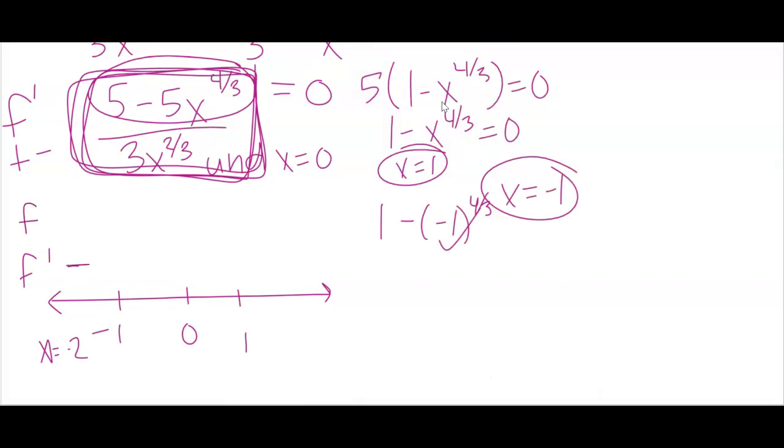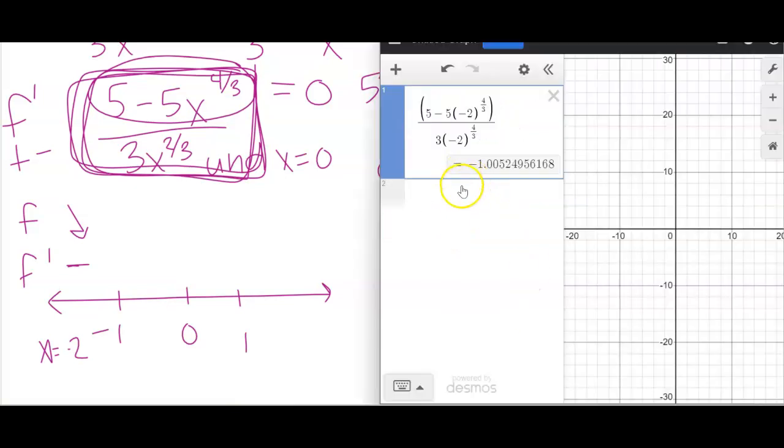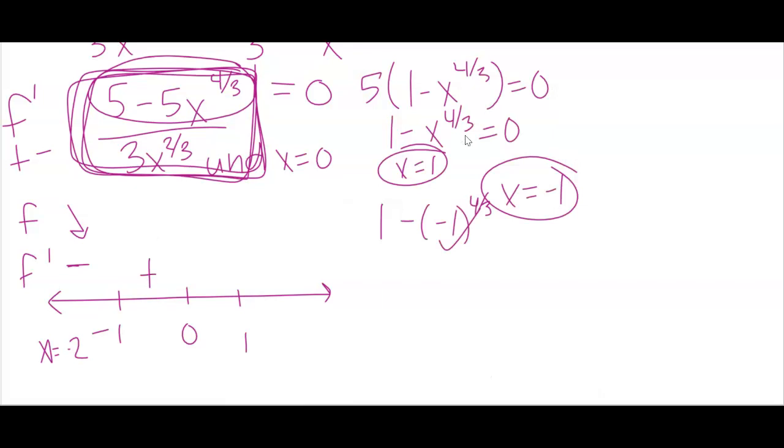So that tells me that f must be decreasing, right? All right, now let's plug in something between -1 and 0. Let's plug in -0.5 for x. Oh, I get a positive. Yeah, so that was a good thing to check, that was going to be one of my critical points there.